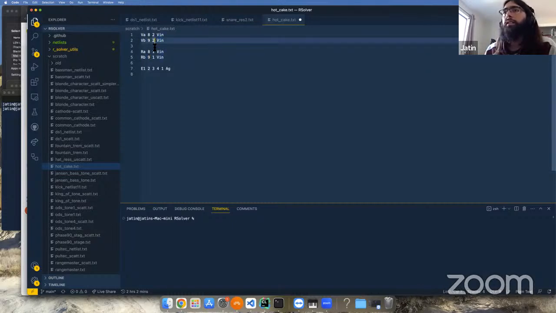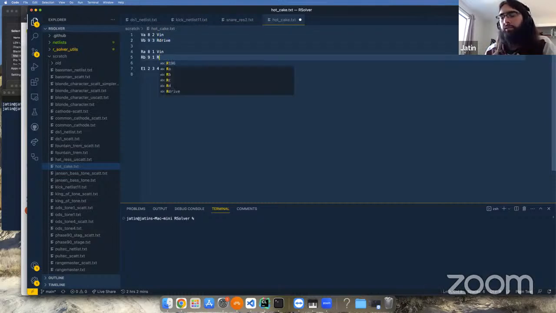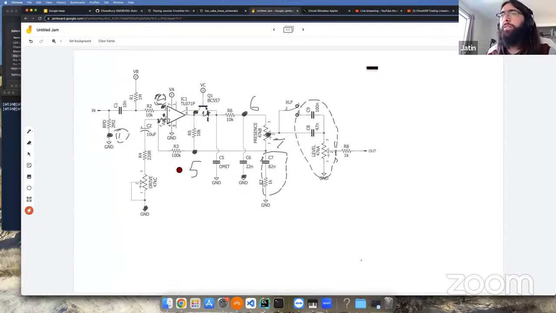And then this is going from 3 to 1. And this will be our drive, I'll call it, since it's the network that has our drive potentiometer in it. I don't know, maybe there are better ways to name some of these things, but that's how it is. Next, I think we've got this 100K resistor, which goes from node 3 to node 5 there.